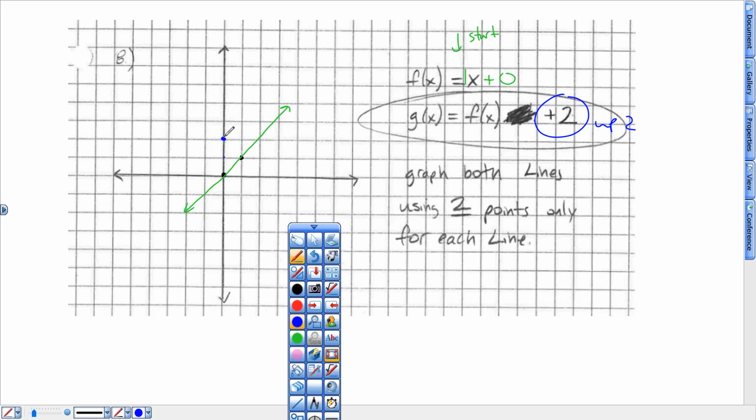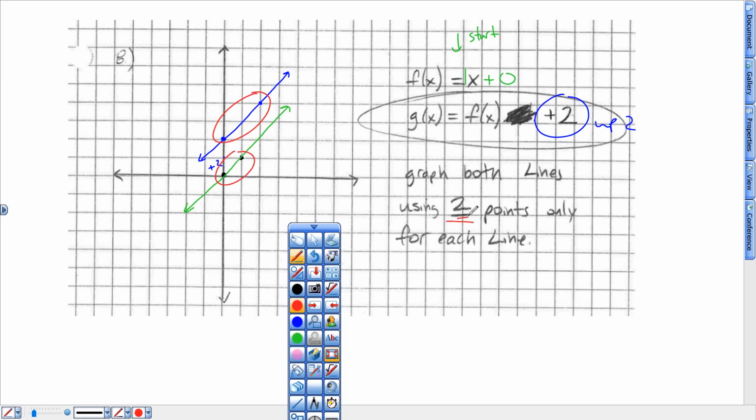You could do further up, but on the same line, a pair of dots if you want to do that one too. But that is the finish line. It's moving up 2 to get to that new line. Graphing with only 2 dots each. Look, only 2 dots I used on that one.